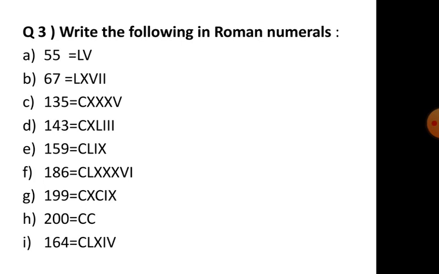Now 67, 50 means L plus 10, 60, and 7: 5, 6, 7. 135, 100 means C, 30 means XXX, V means 5. 143, now 100 means C, 40 we will write XL, XL means 40, this is 50 minus 10, 40 plus 3. 159, 100 means C, now 50 means L, 9, we will write IX. 186, 100 means C, now 80 means 50, this is L, 60, 70, 80, 3 times we will write X, plus 6, VI. 199, 100 means C, and 90.